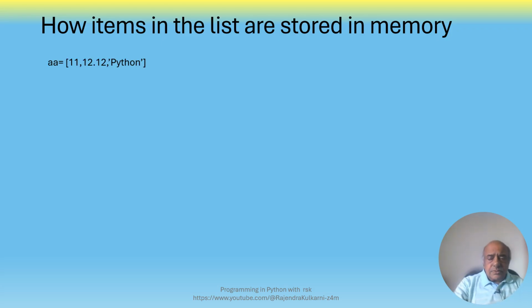Why does this happen? Let us try to find out. We have declared a list A, then Python will create an object AA, which is referred to by the identifier AA.